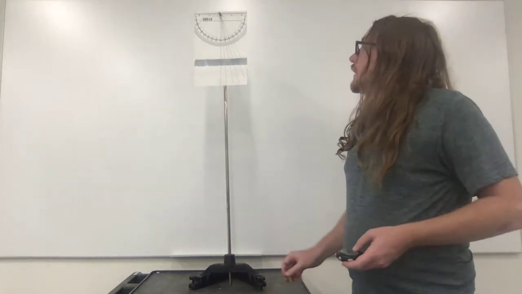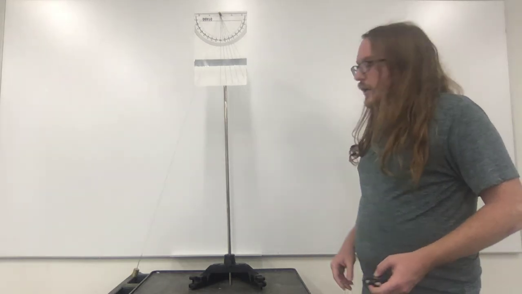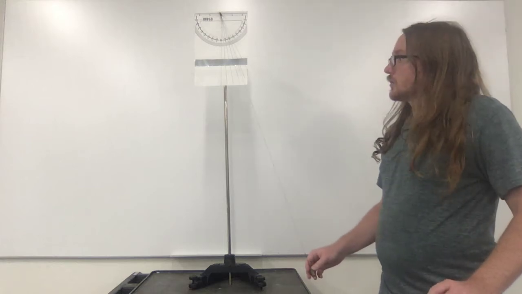And so the next thing we're going to do is, again, let the pendulum oscillate at about 15 degrees. And as I talked about before, it's best to start your measurement with it at a maximum and then wait for it to come back to a maximum. But you don't have to catch it and release it every time.